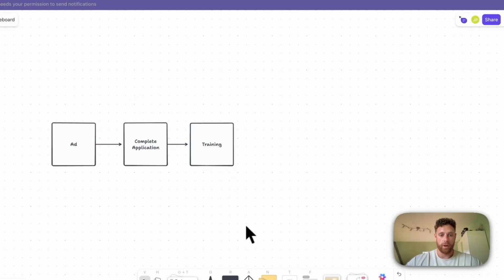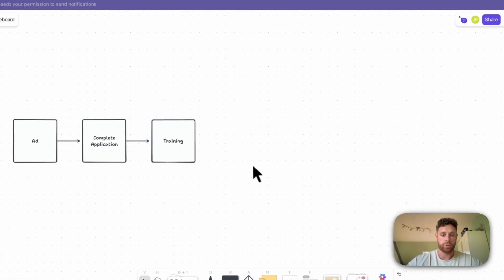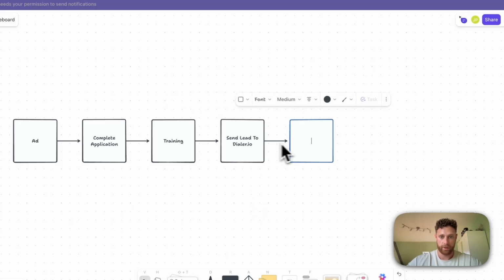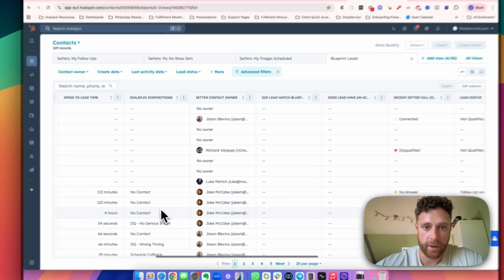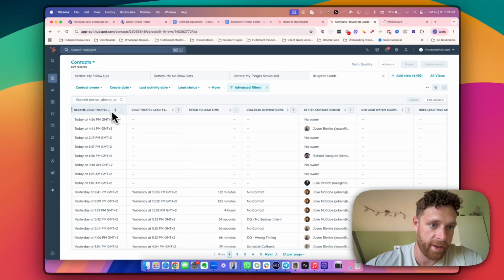Now, from here, and this one's a little different than a lot of campaigns that you might be running, from the training we are going to send the lead to two places. We're going to send the lead to dialer.io, and we're going to send the lead to HubSpot. In HubSpot we can see leads coming in and when they became cold traffic.